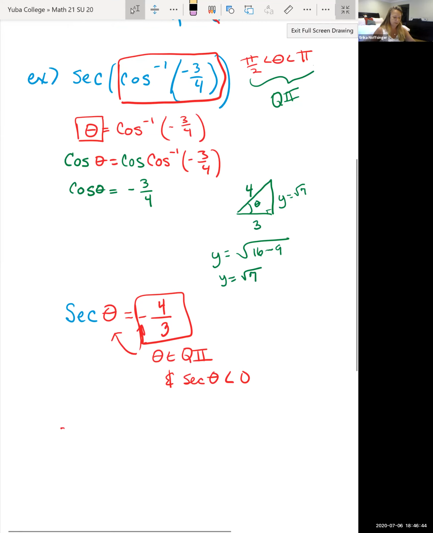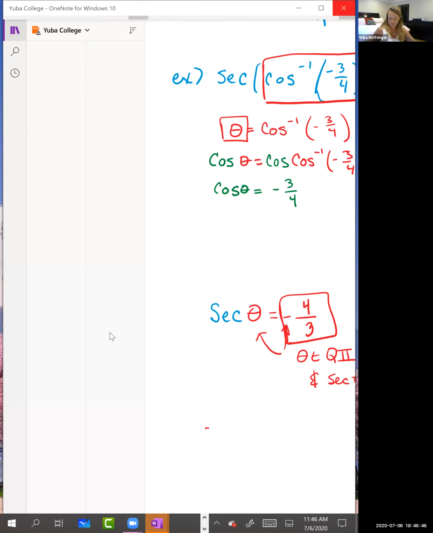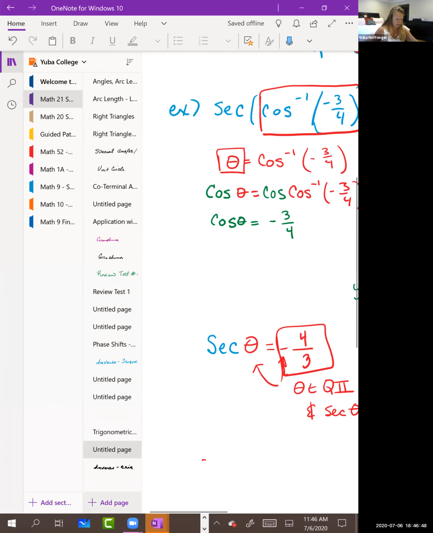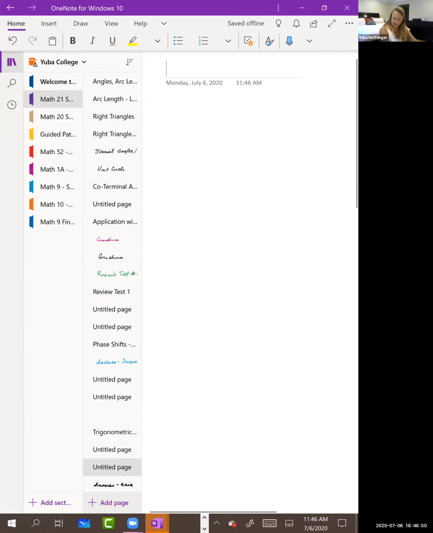Okay, so sum and difference of angles. Pull up that section, which again is 8.5. And so I'm going to prove to you why we can use these formulas.